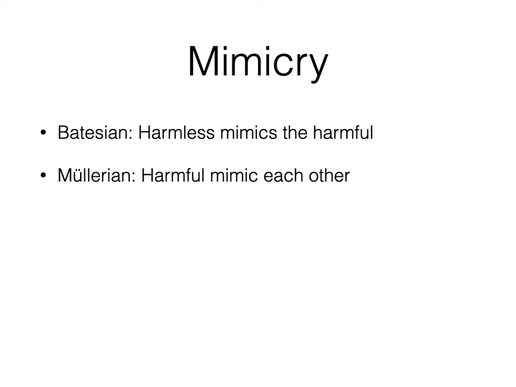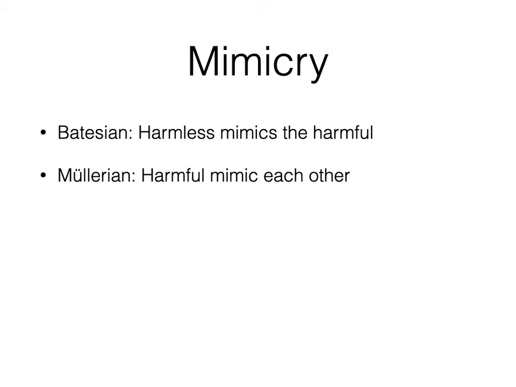But evolutionarily, different species that are harmful evolve, over time, a similar color pattern, or a similar display advertising their harm. And so it becomes a lot easier for predators or would-be predators to understand that message, rather than having a bunch of different color patterns or a bunch of different ways of advertising one's harm.